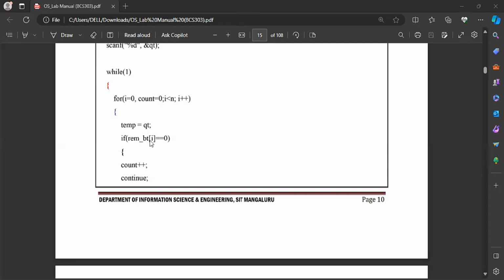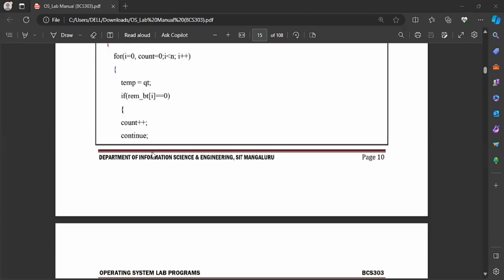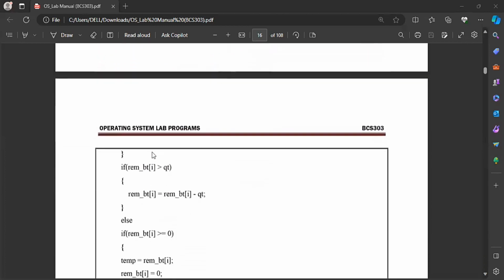Then check if the remaining burst time for the current process is equal to 0. If it is true, then the process has completed and count is incremented. Then check if the remaining burst time is greater than the quantum time.